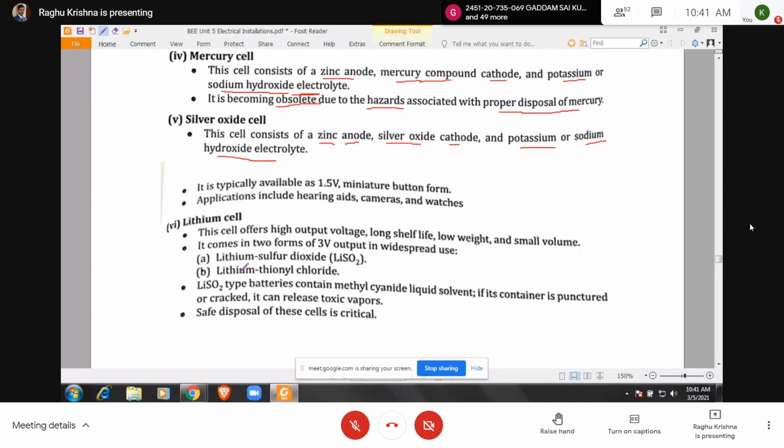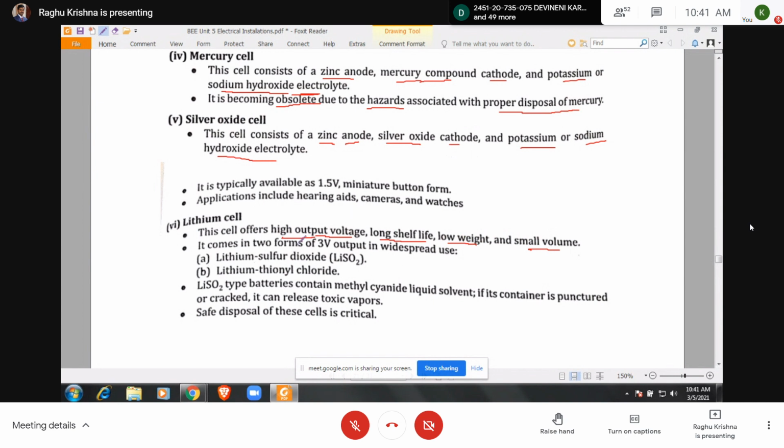Coming to the lithium cell, this cell offers high output voltage, long shelf life, long life, low weight, and small volume. These are many advantages of this lithium cell.